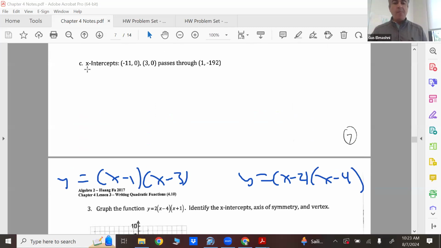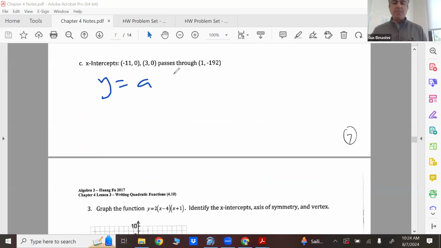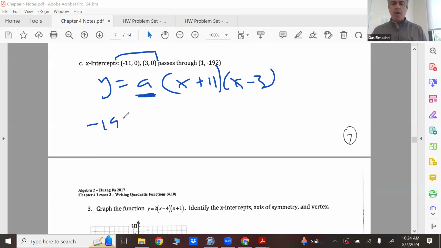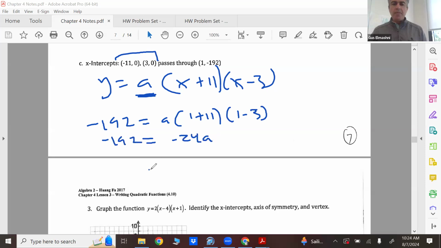Now, see, I don't give you a graph. We can do this. If these are your x-intercepts, you're going to do y equals a(x minus negative 11)(x minus 3). You don't know what a is, but you're going to plug in negative 192 for y and 1 for x. And a is going to be 8, I think.